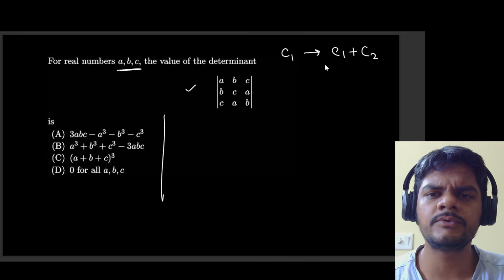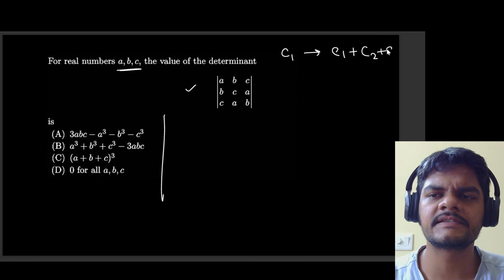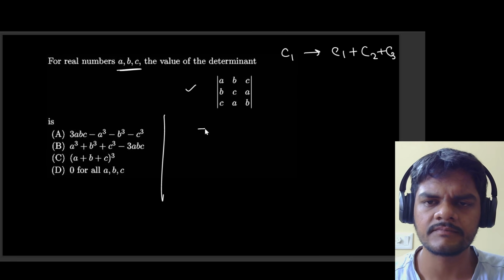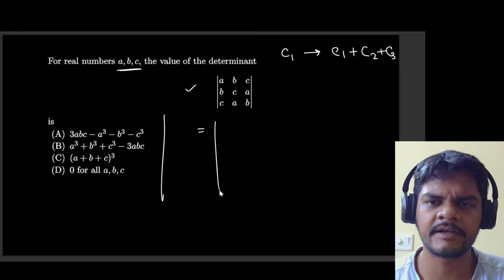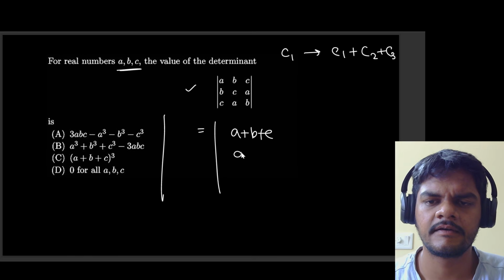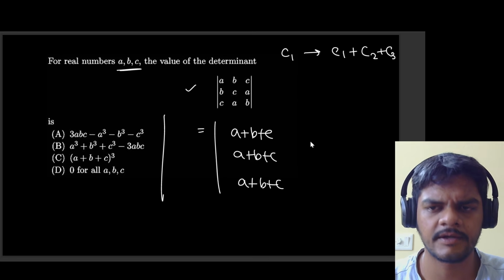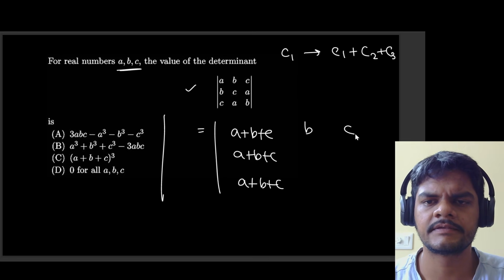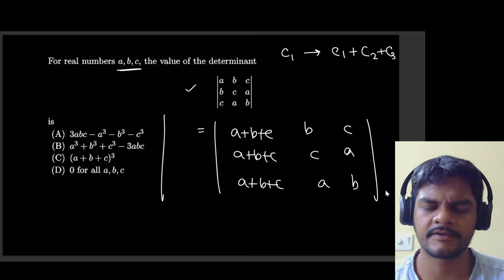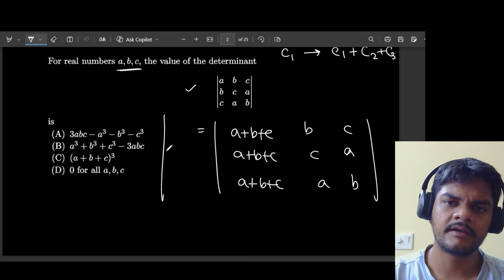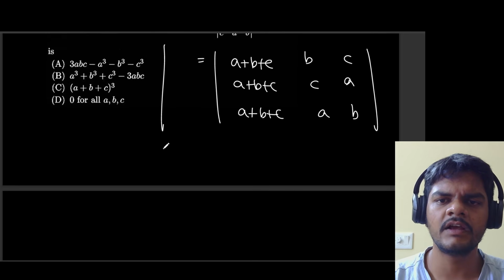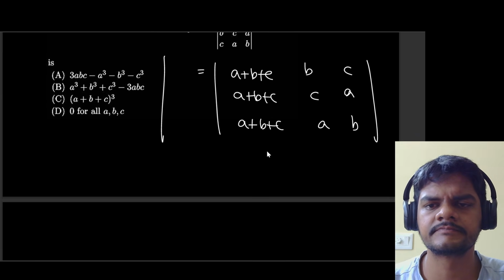So here I'll do C1 equal to C1 plus C2 plus C3. So column 1 becomes a plus b plus c, a plus b plus c, a plus b plus c, and the other columns stay as they are.